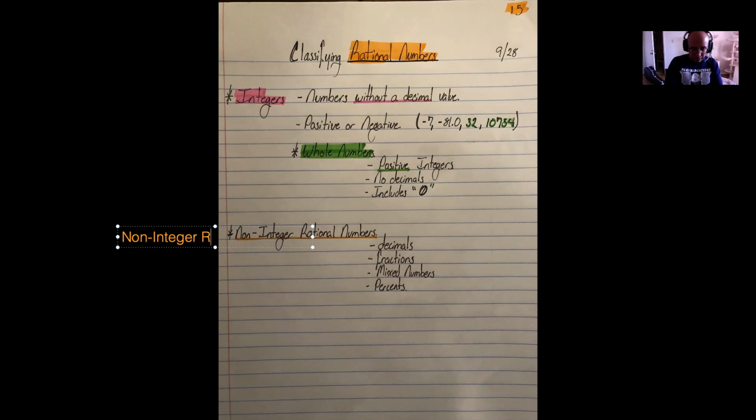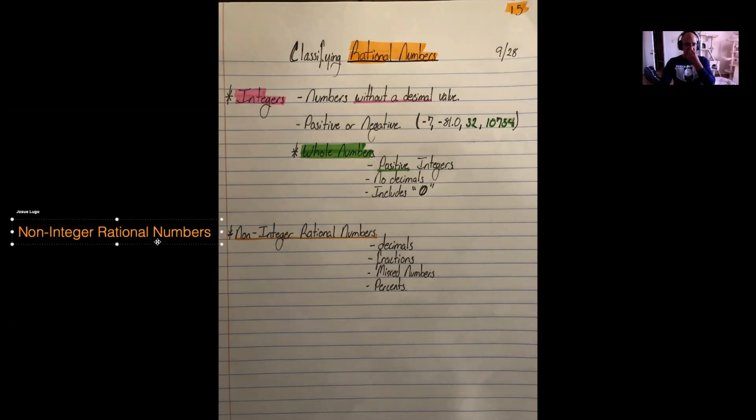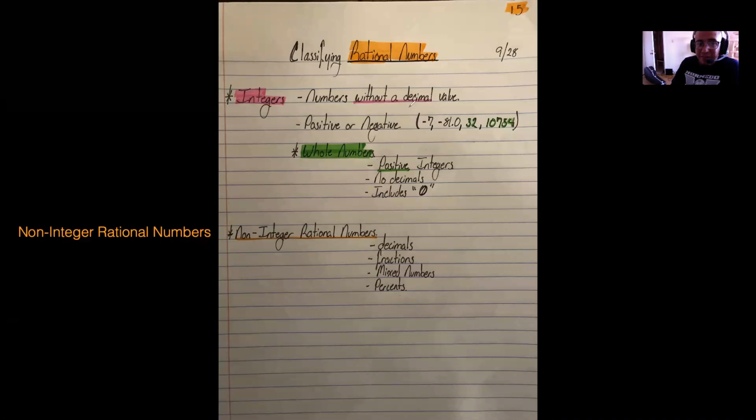Non-integer rational numbers. Okay? So if integers do not have a decimal value, then non-integers do have a decimal value.